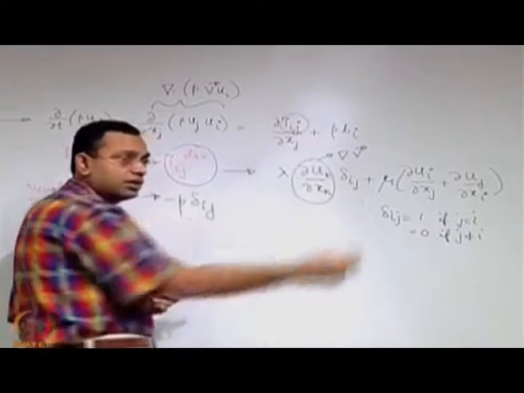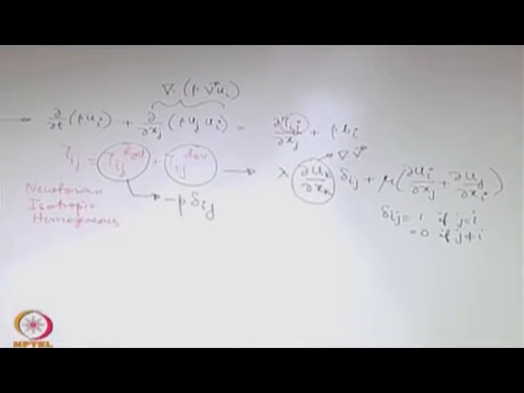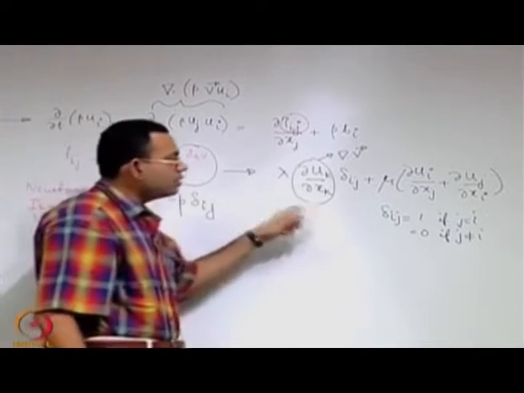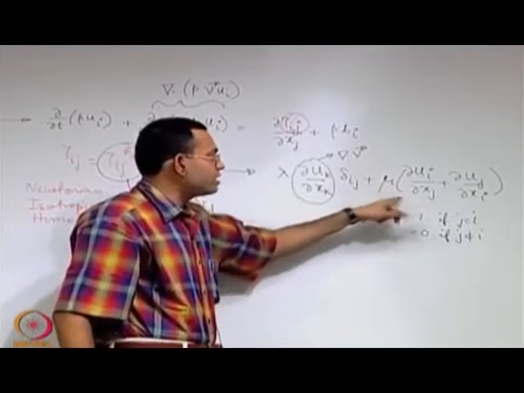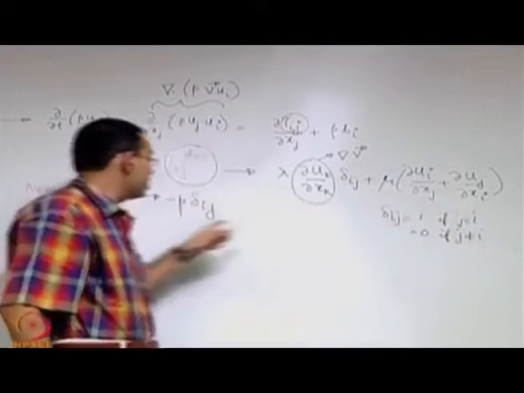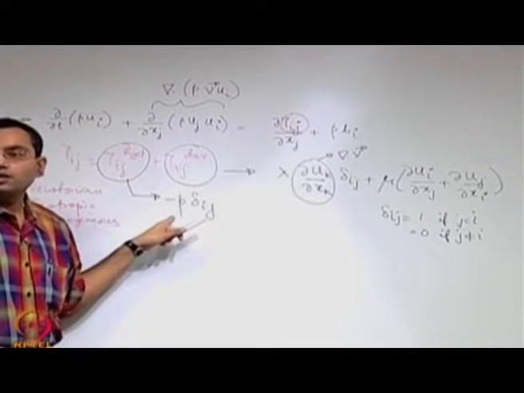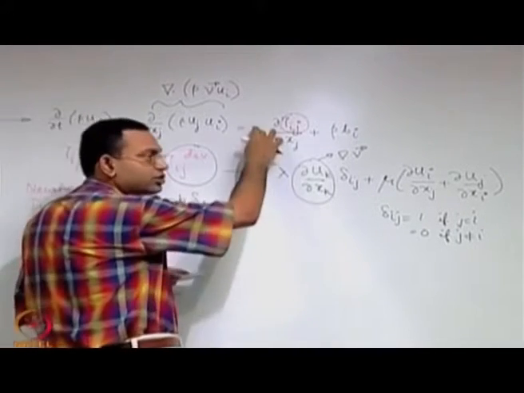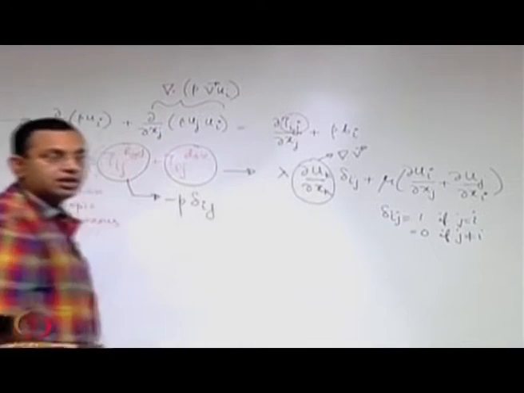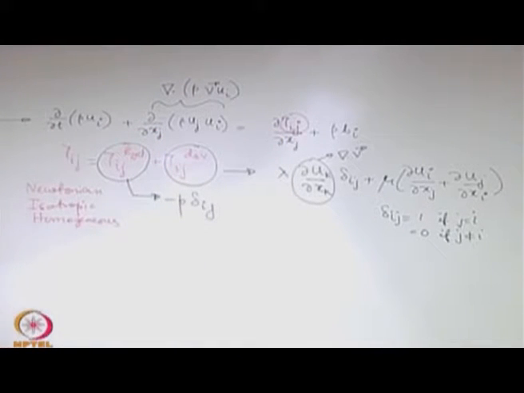So 6 independent components of the stress tensor tau ij. Now we have expressed the stress tensor in terms of the velocity gradient. So no new unknowns arise because of this, but because of pressure there is a new unknown that has come into the picture. So if you substitute this form in the equation of motion, you will get how many unknowns? You will get the independent velocity components, say u1, u2, u3, and pressure as the unknowns.